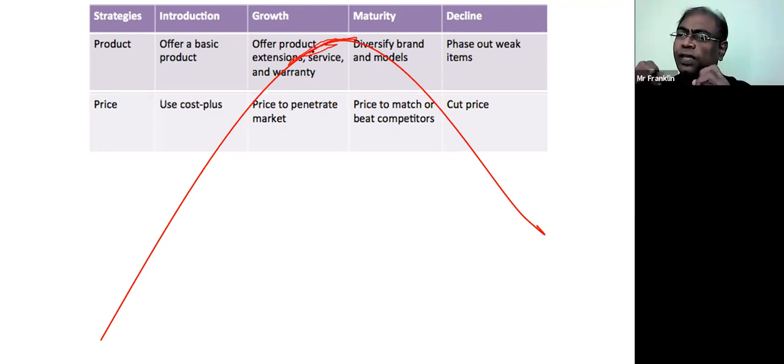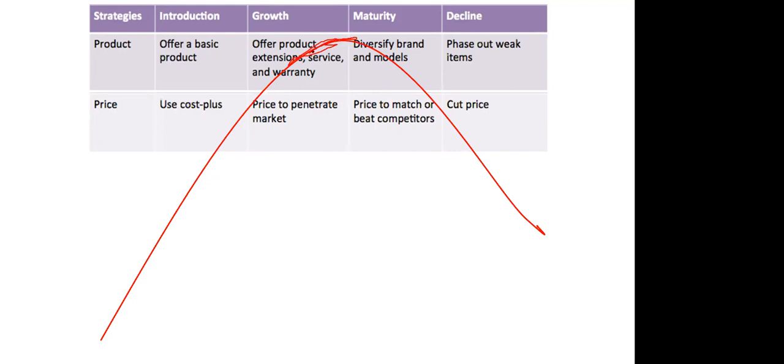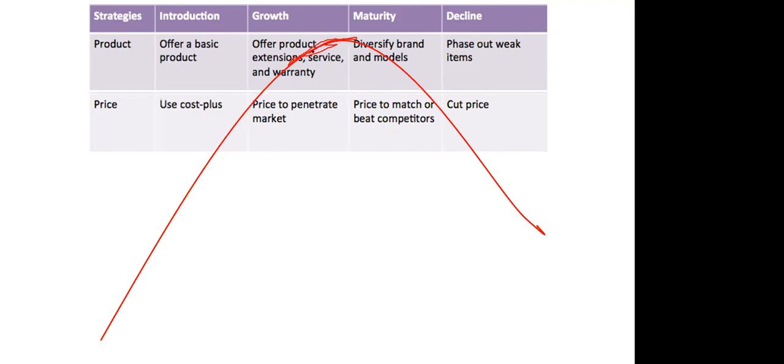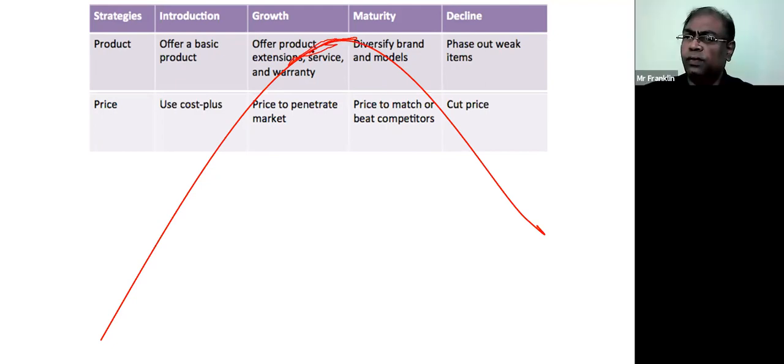And at decline, you give a discount. When it's the declining stage and sales are not doing well, you give a discount. Maybe buy one, free one. Maybe you buy this, you get something additional. Sometimes some cars, when they want to sell the car, they give you a 5-year warranty and free service. The other day one of my friends bought a Volkswagen Polo.